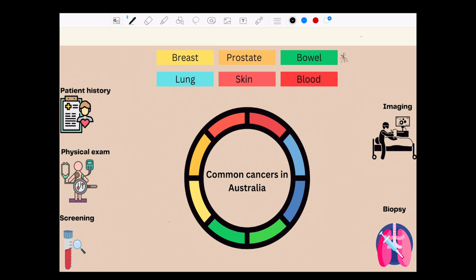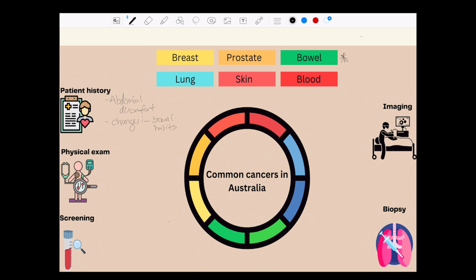So patient history, certain symptoms to look for is abdominal discomfort. So that could be pain or just general discomfort within the abdominal region. Changes in bowel habits.